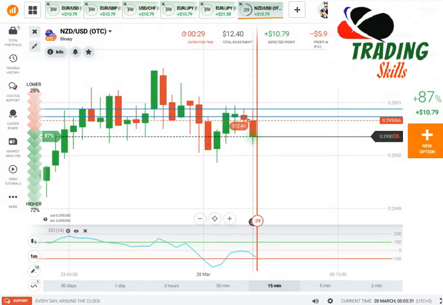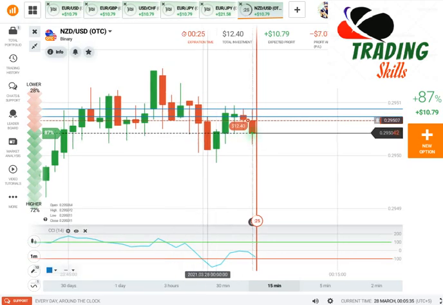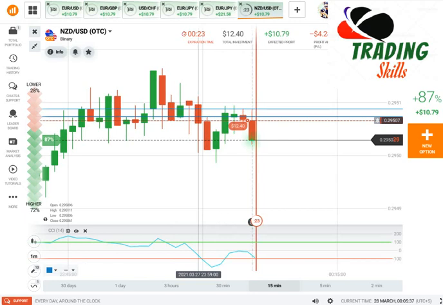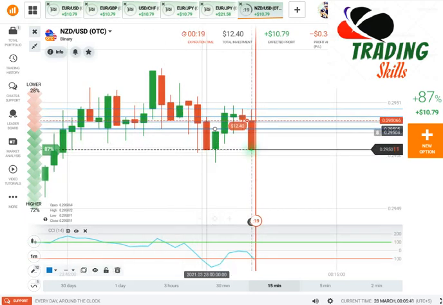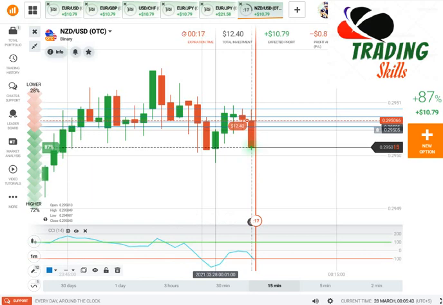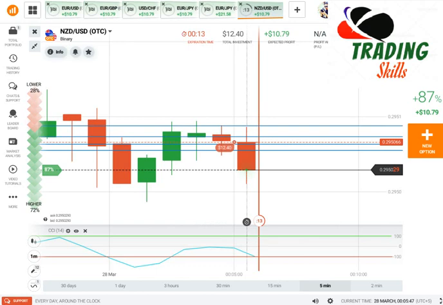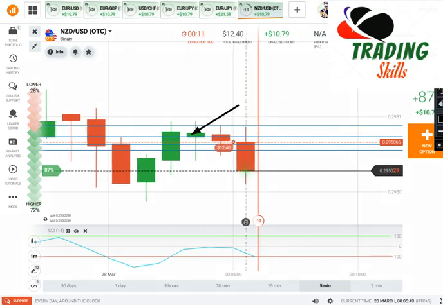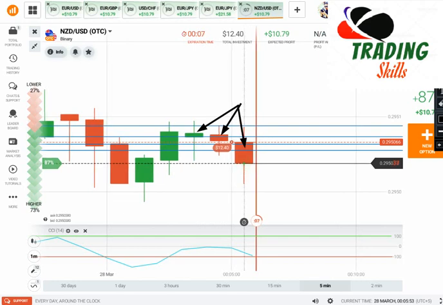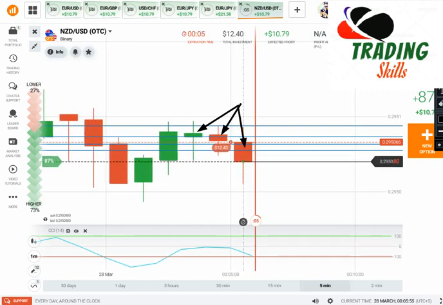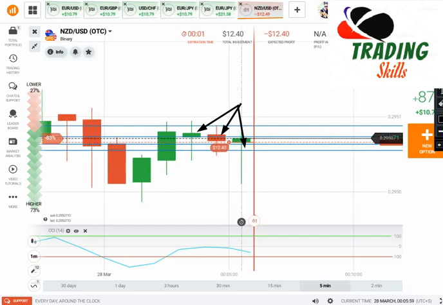Because this area is only a reversal zone, but you know your SNR was here, which I have drawn. Because of this area market reversed, again market is going down. If you analyze the market like this, you will definitely win your trades.